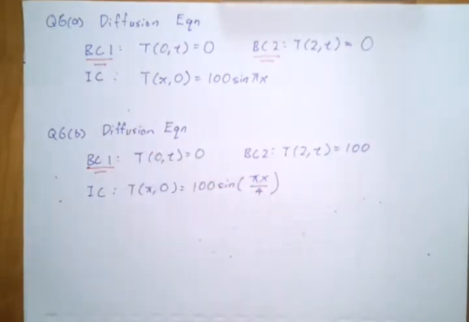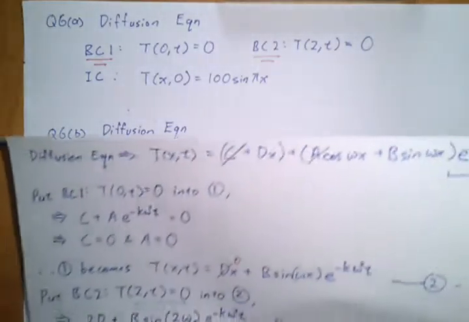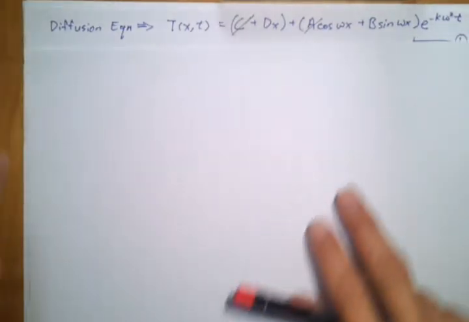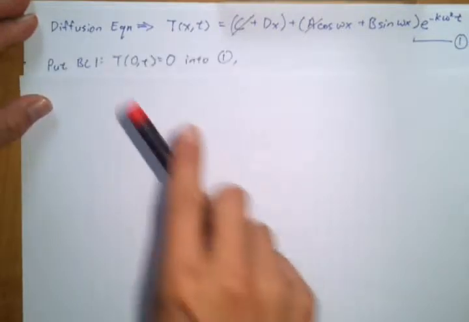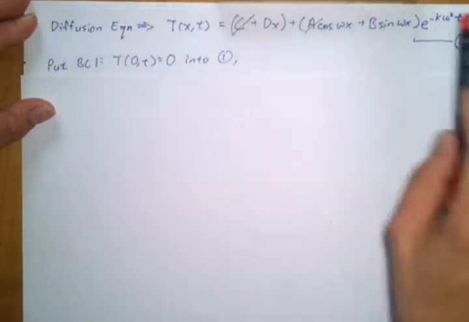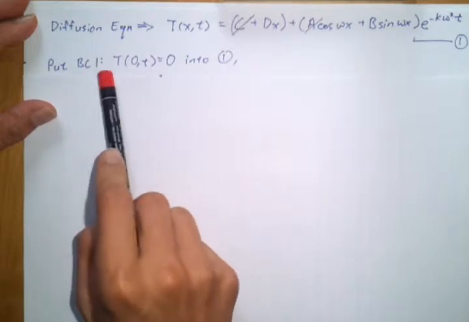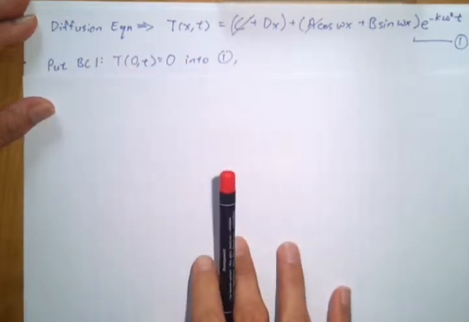So when I start the question, things look the same. I start with the general diffusion equation solution, and the first boundary condition for 6a is the same as for 6b.